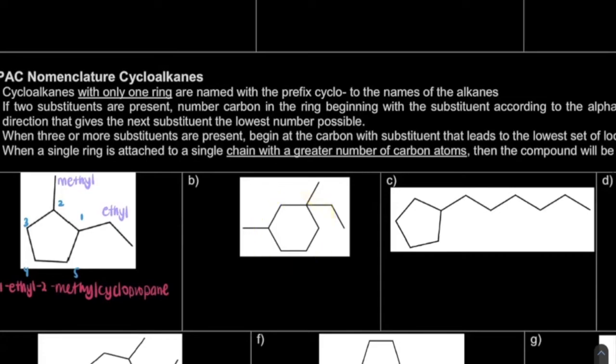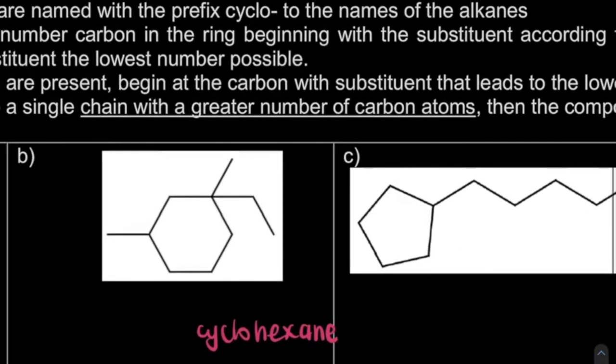Okay, so for question B, dia adalah cyclohexane sebab ada 6 carbon. So kita tengok substituent dia ada apa. Ada methyl here, we have ethyl here, and then another one adalah kita punya methyl. Okay, so we're gonna give the number. Next we're gonna take the one with the lowest possible number lah, the substituent. Between 1 and 5, dengan kalau purple one is between 1 and 3. So we're gonna take the purple one, the smallest number.